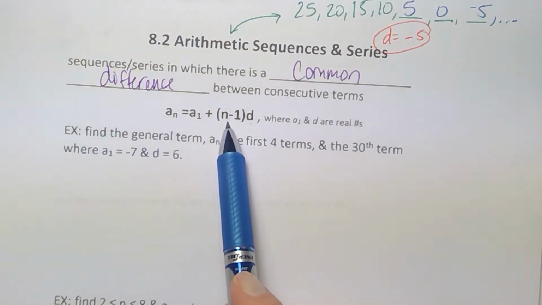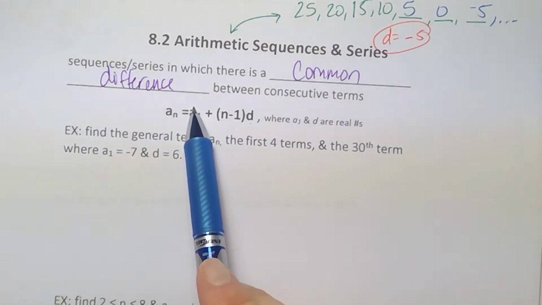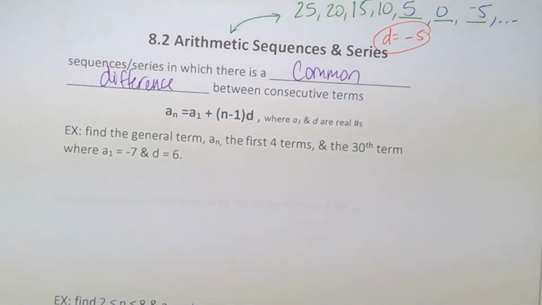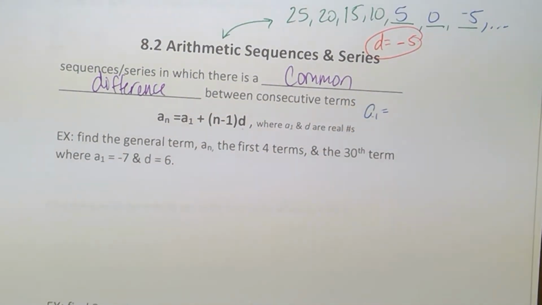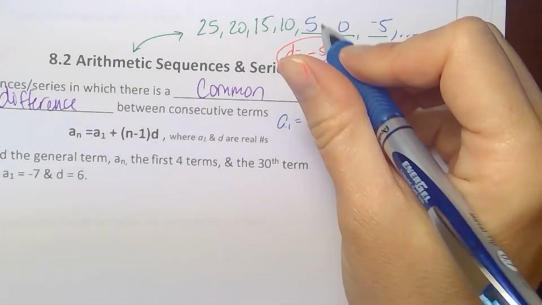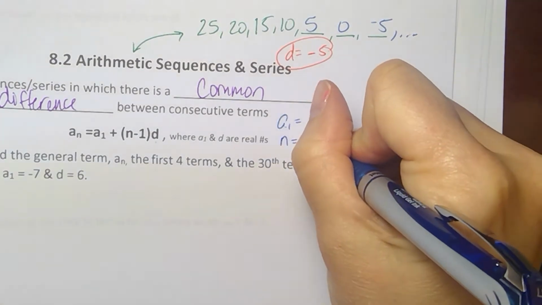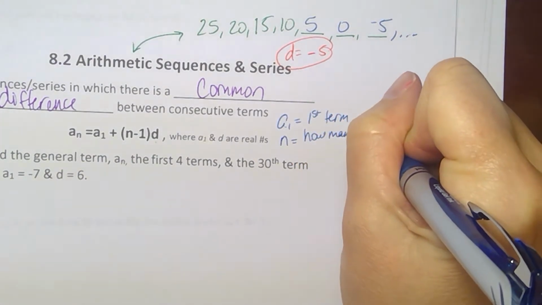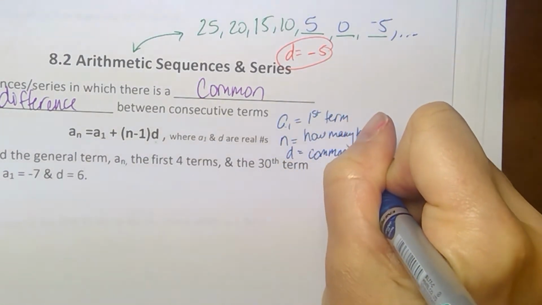But n is the number of terms. a sub 1 is the first term, and d is my common difference.